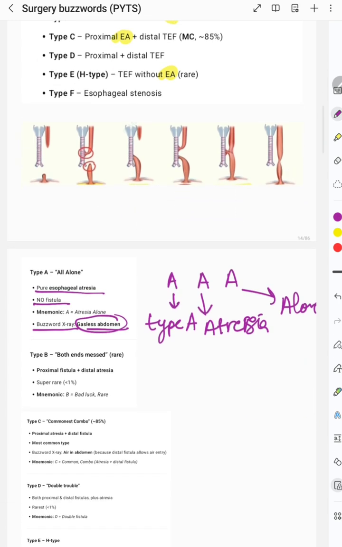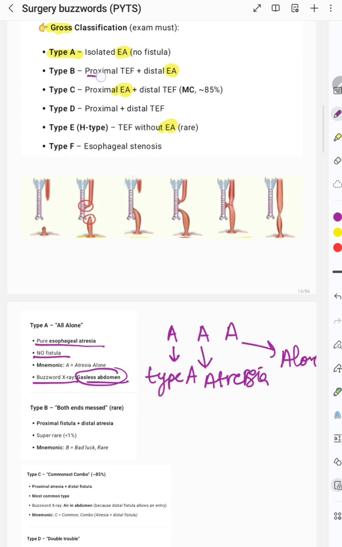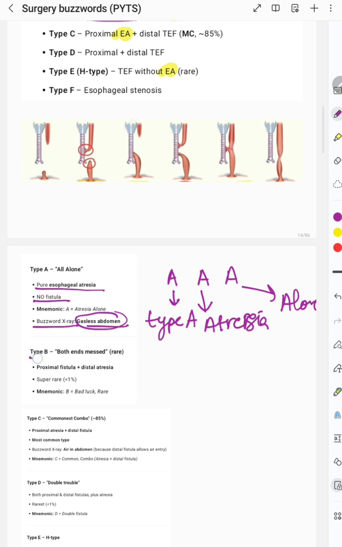Okay, for type B, we can see there will be a proximal TEF, and distally there will be esophageal atresia. So how to remember this? For B we can remember: bad luck, only rare. B is for both ends messed up. So how to remember? We can remember it like, B says Eva is bebafa. We have to remember this word.